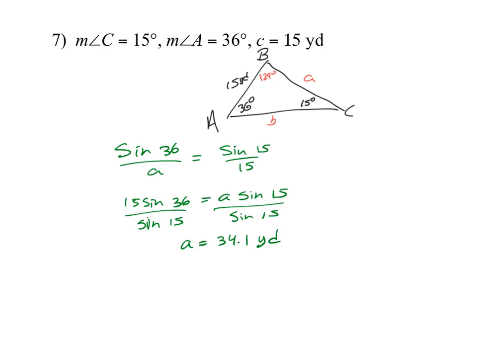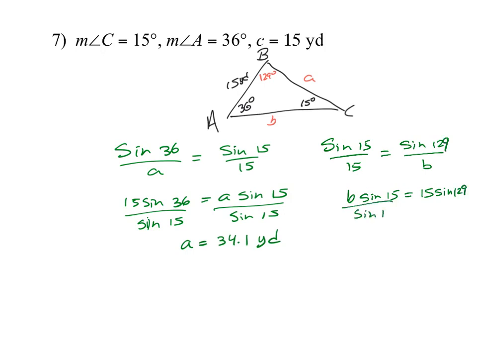And again, I'm using this same ratio. So sine of 15 over 15 equals sine of 129 over B. Cross multiply, so B sine of 15 equals 15 sine of 129. Divide by sine of 15. So B equals 45 yards.